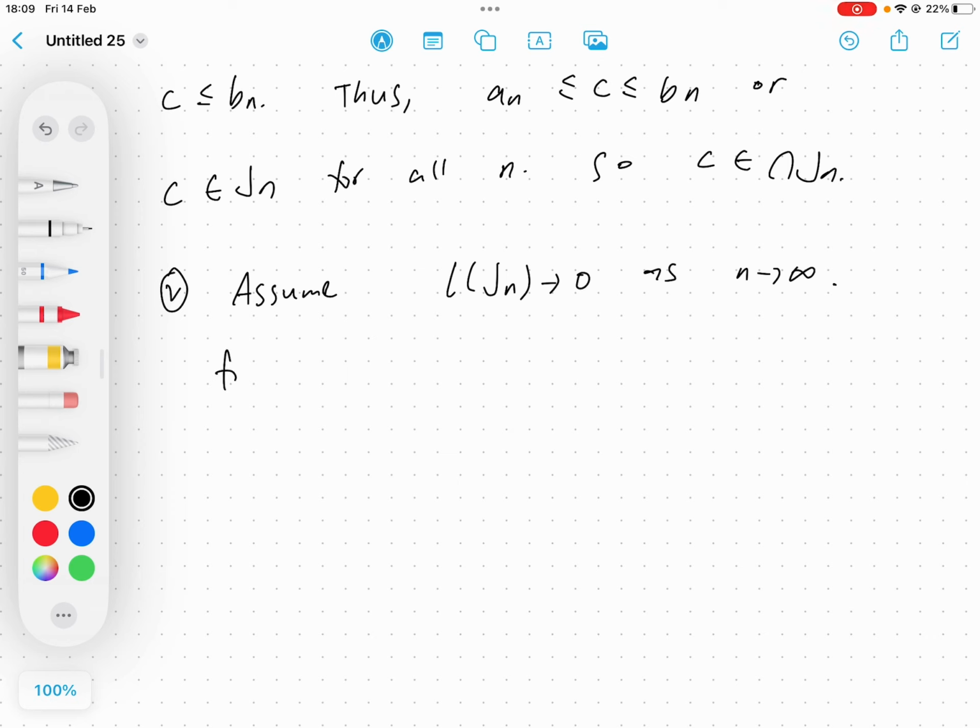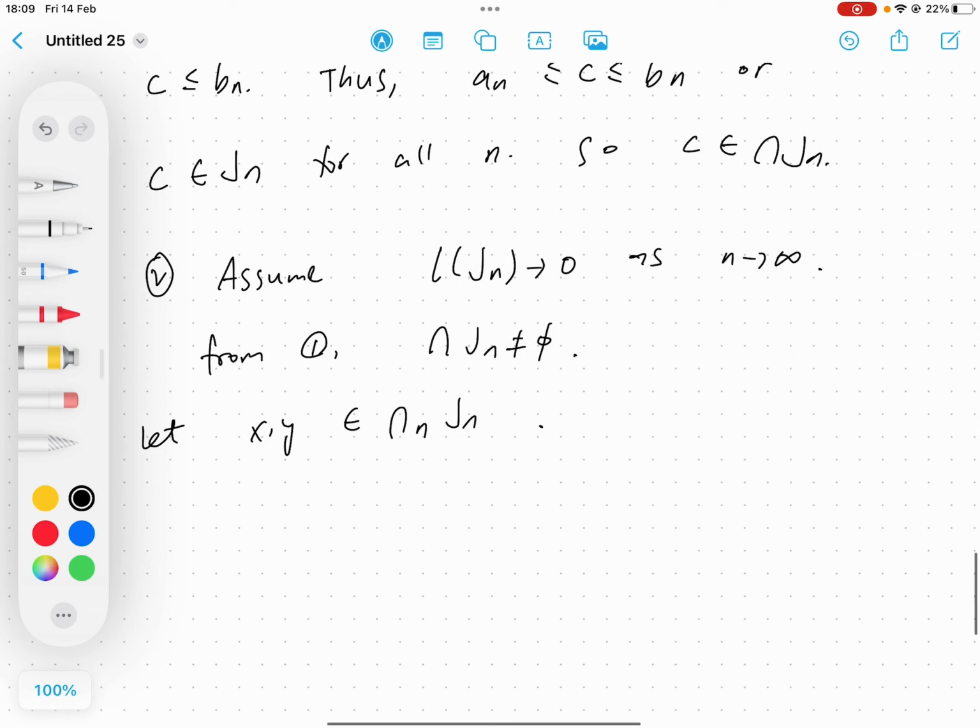So from the first part, we know that the intersection is not empty. So we can take some points inside of this intersection, let's say we have 2 points, x and y, but we're going to show that x equals y. So we claim x and y are the same.